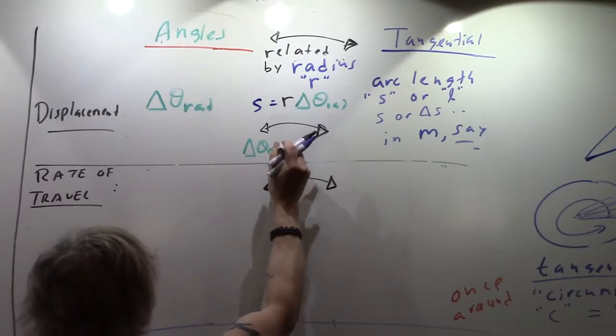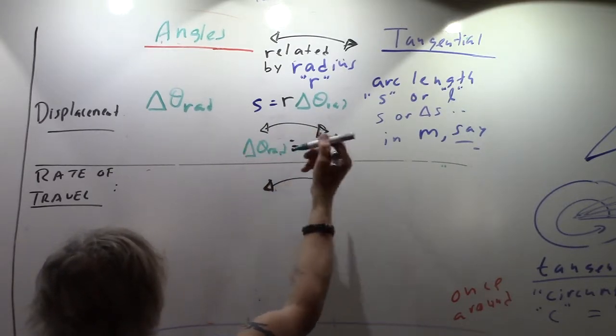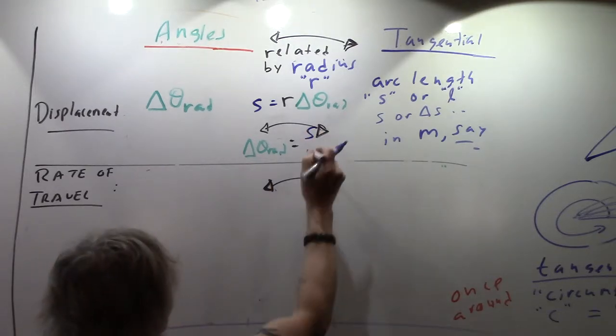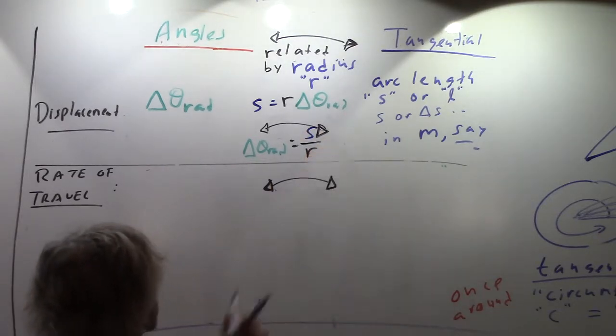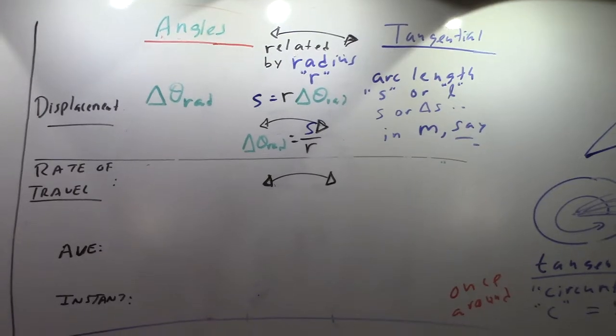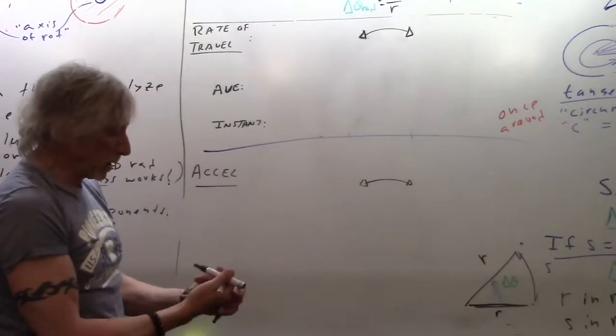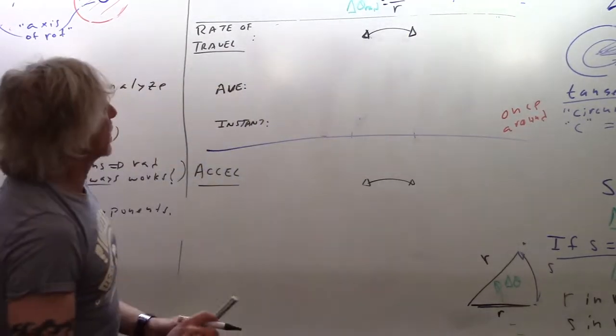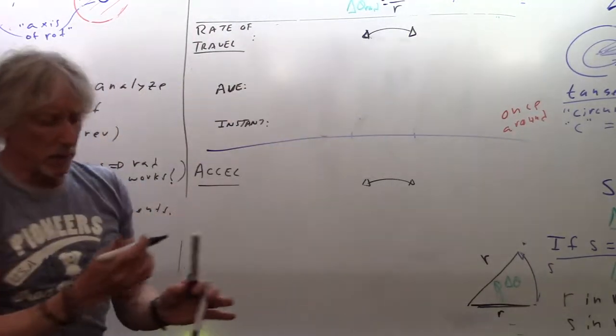Or theta in radians, this is a really critical thing, is equal to meters tangential divided by meters radial, or whatever units you want to use for length. So that's critical.